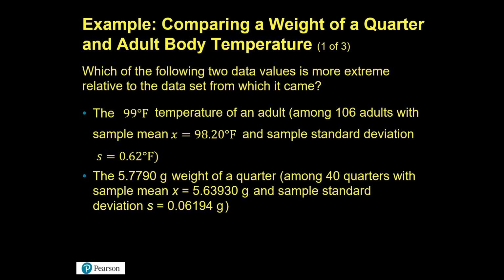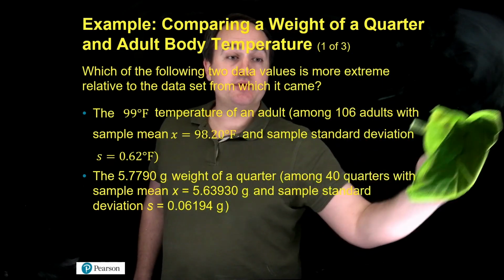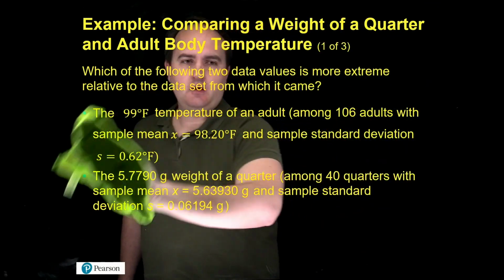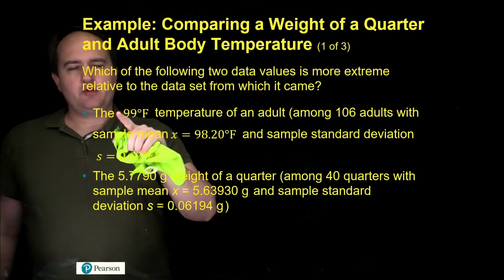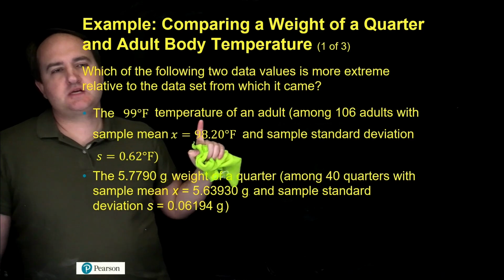So which of the following two data values is more extreme relative to the data set from which it came? That's an interesting question. So the first data value is a 99-degree Fahrenheit temperature of an adult.